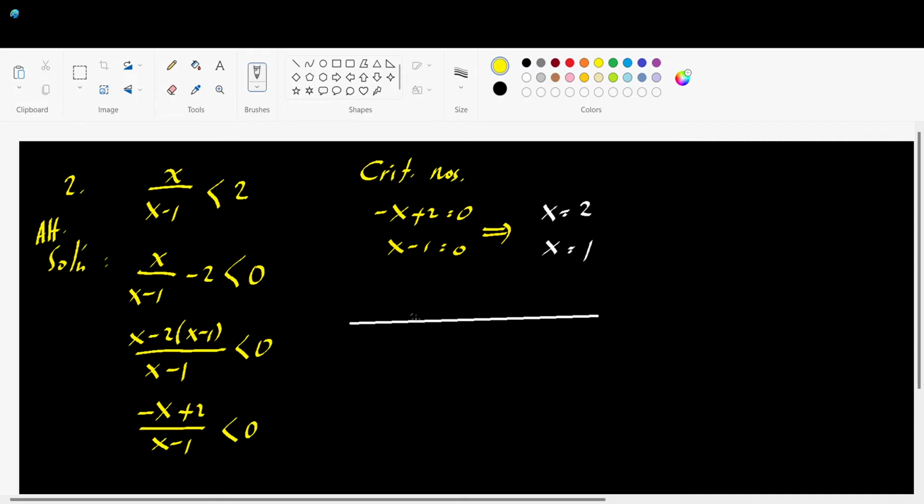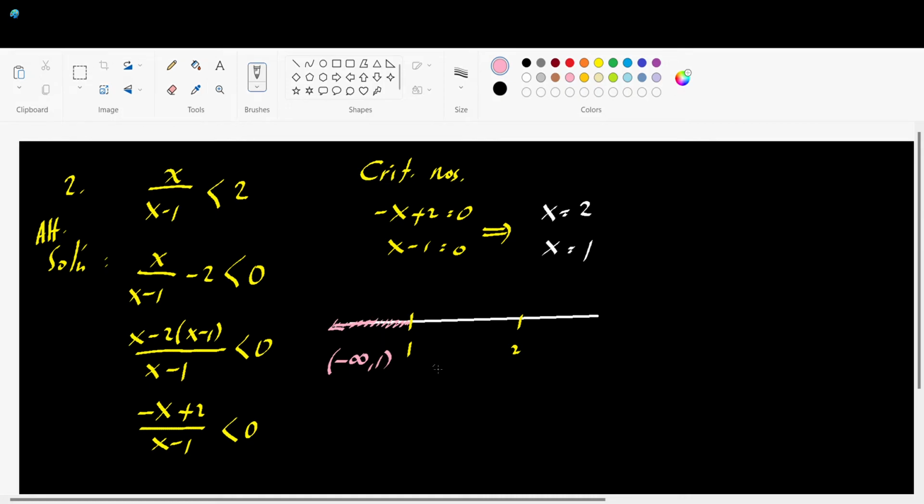Let us indicate in the number line the numbers 1 and 2. From these critical numbers, we will define the subintervals involving the critical numbers 1 and 2. So we have the interval negative infinity to 1, so these numbers.